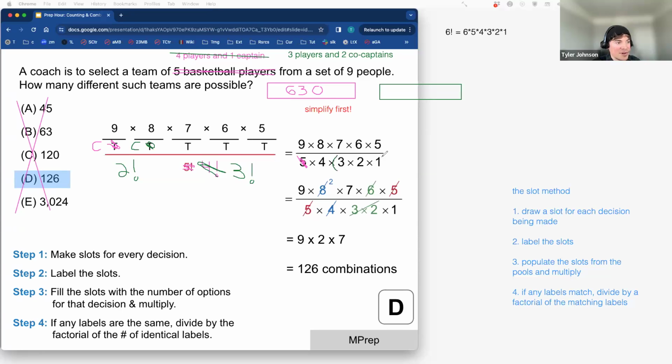So the 3 factorial is kind of already there. And then instead of dividing by a 4, that should be a 2. So compared with the previous answer of 630, I'm now dividing by 2 instead of a 4, so it's going to be twice as high. And the answer to this new setup would be 1,260.